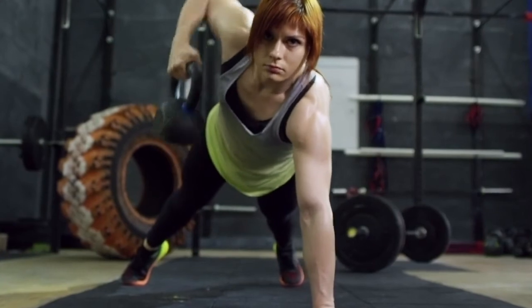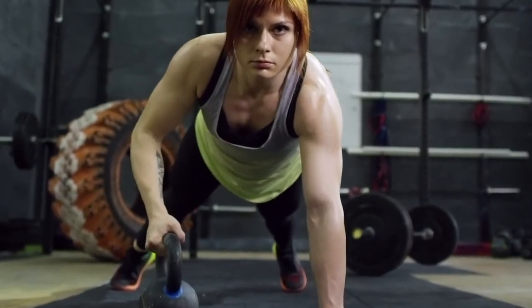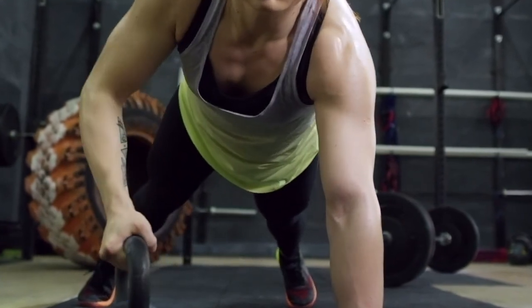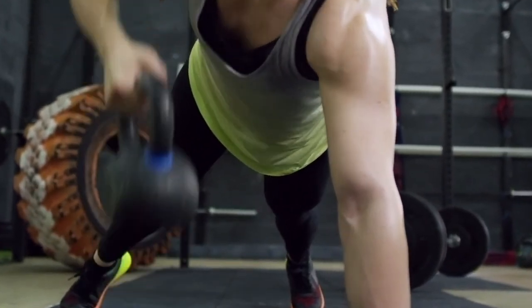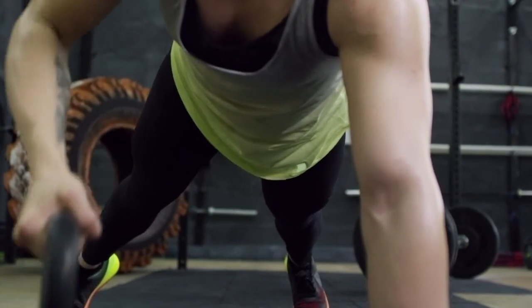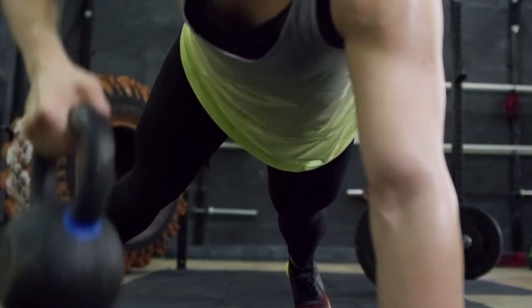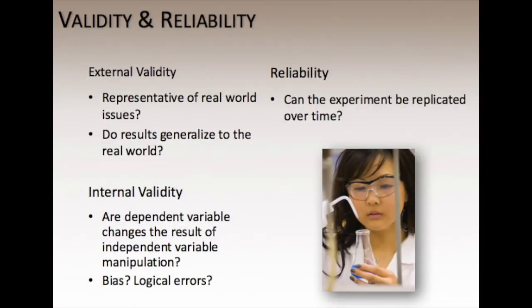So if I wanted to test my hypothesis of the effectiveness of pre-workout before exercise, the experimental group would take pre-workout before engaging in exercise, and the control group would not take pre-workout. Researchers aim for their experiments to both be valid and reliable.